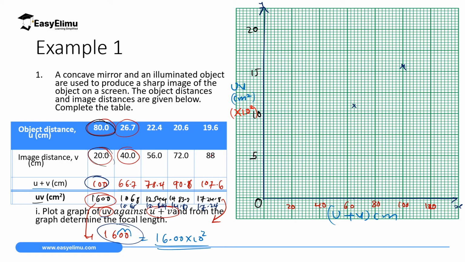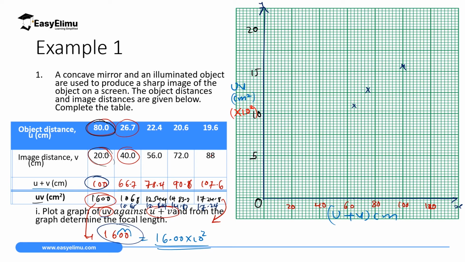And now we have another value where we have 78.4. This is 70 here. 78.4 is here. Then we'll move up to 12.44. So we'll go up. This is 12. 12.44 is there. Then now we will move to another number that is 90.8.